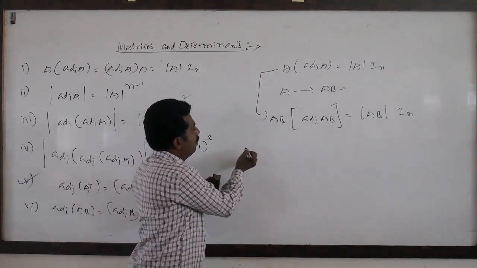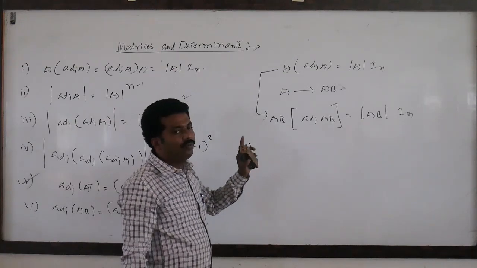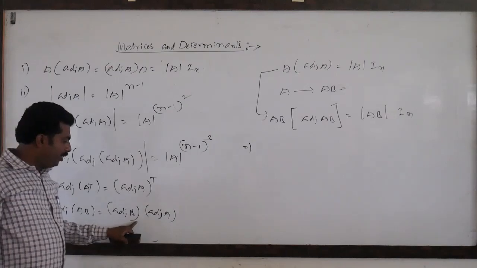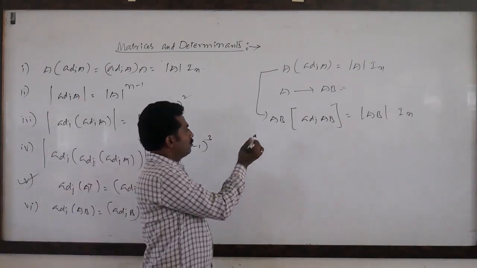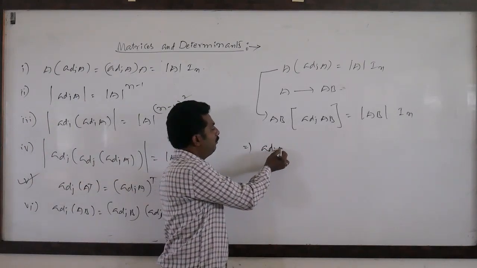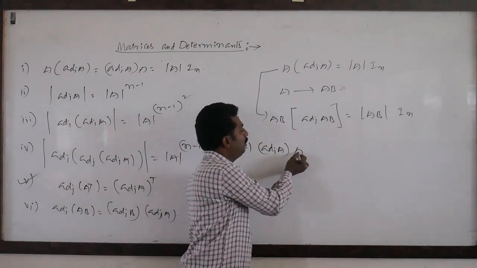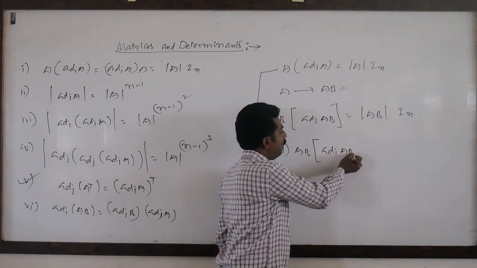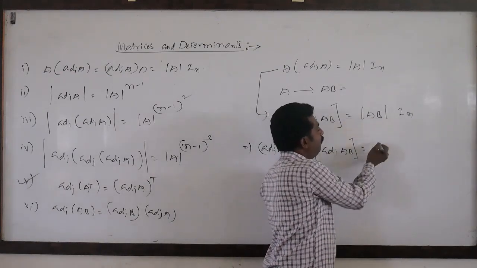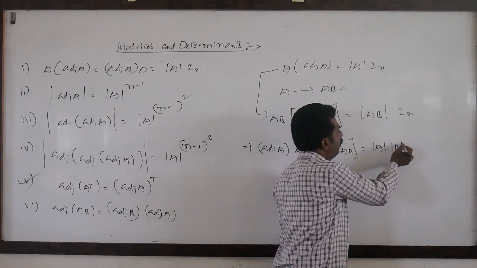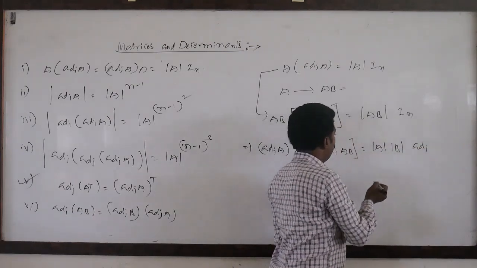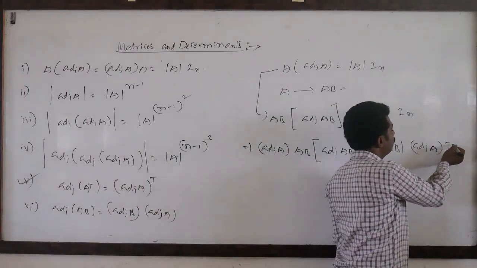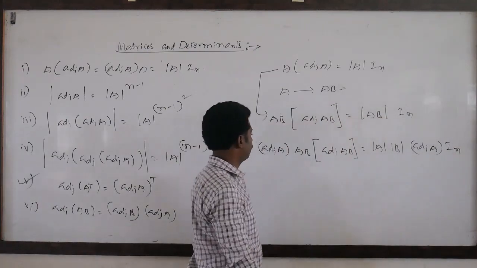So on both sides we are operating with adjoint of A. Why am I operating with adjoint of A? Because we have to prove adjoint of B into adjoint of A. So this is adjoint of A into AB into adjoint of AB. Determinant of AB means determinant of A into determinant of B. Adjoint of A operating on both sides.